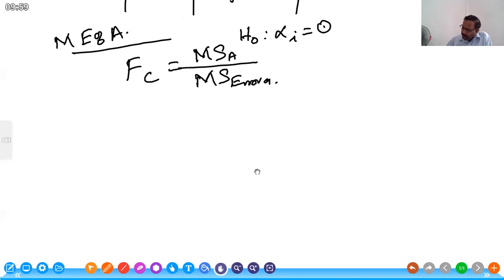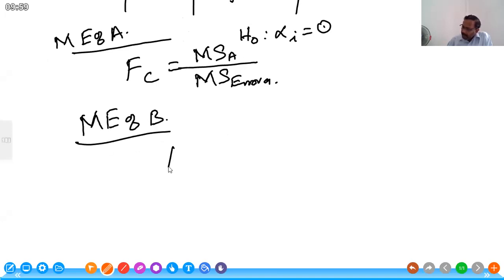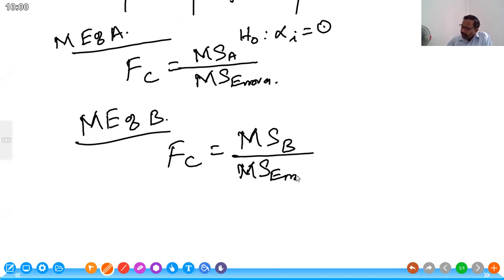Now if you go to the main effect of B, what is the F calculated value? Mean square of B divided by mean square of error B. So what is my null hypothesis here? Beta j equals 0.